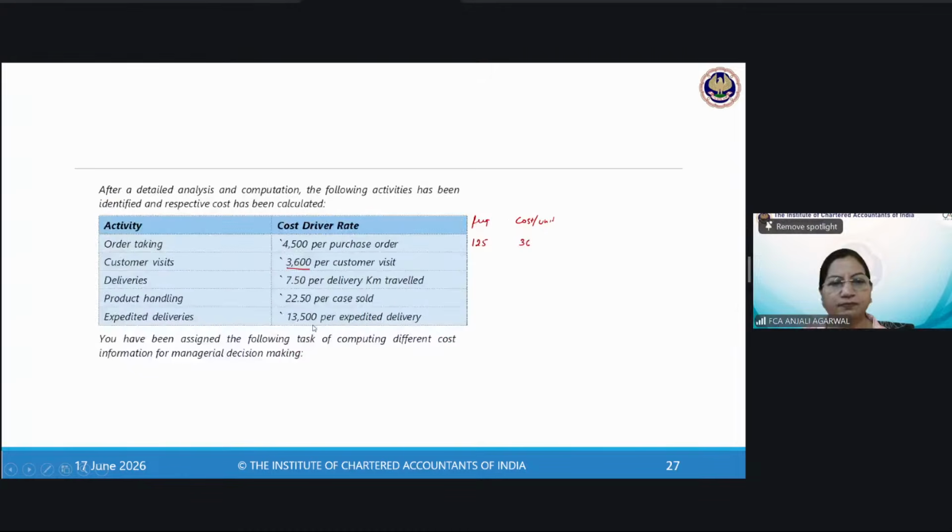It's given 4,500 per purchase order, 3,600 per customer visit, 7.50 per delivery kilometer travel, 22 per case sold. So we don't need to calculate the frequency or the cost. The cost driver rate is given, not the cost driver or the total cost.